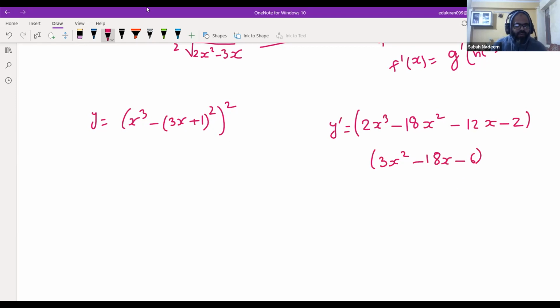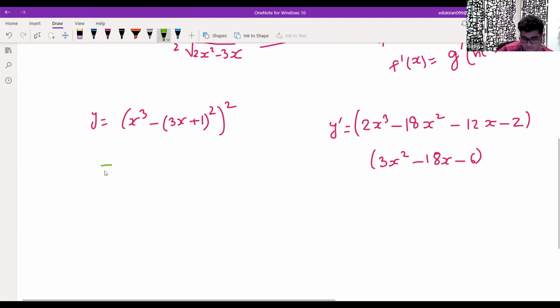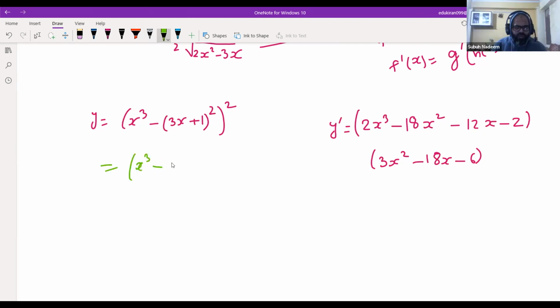Okay. So, how have you done it? Can you tell me? I opened the bracket first. The inside itself, I solved 3x plus 1 whole square, so this will become minus 9x squared minus 6x minus 1.